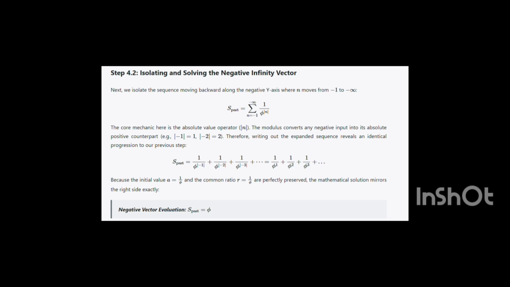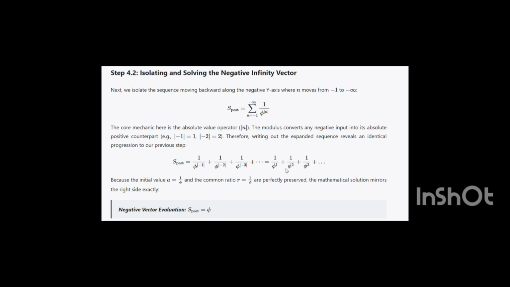And here the final or expanded progression we get is similar to the positive infinity factor. We have a equals 1 by 5, the initial value, and the common ratio 1 by 5, that is r.